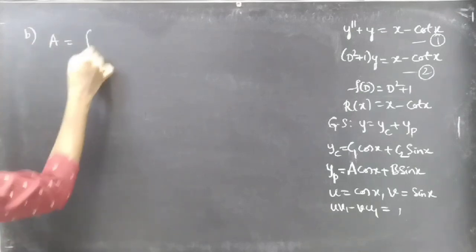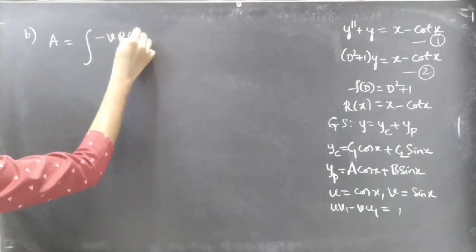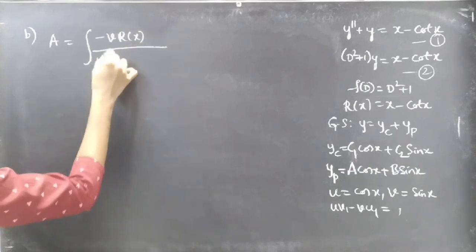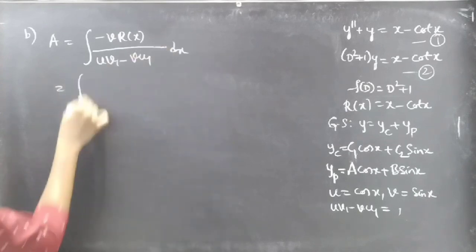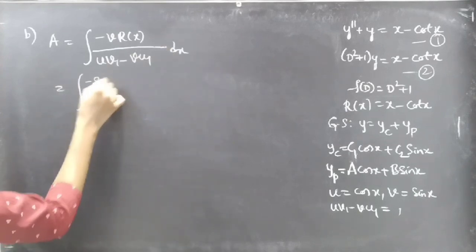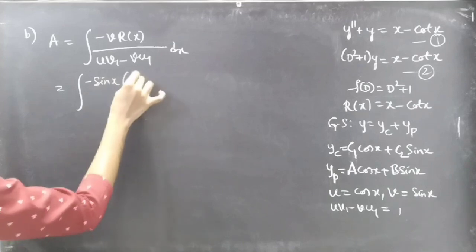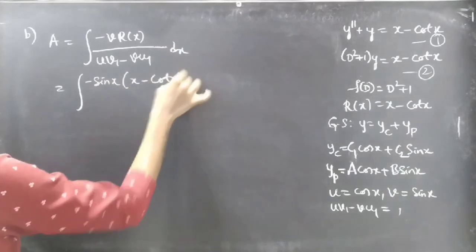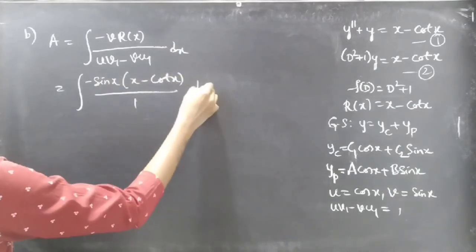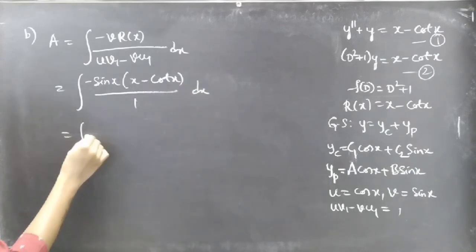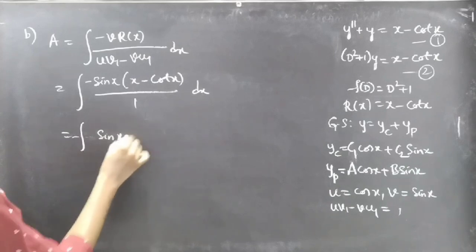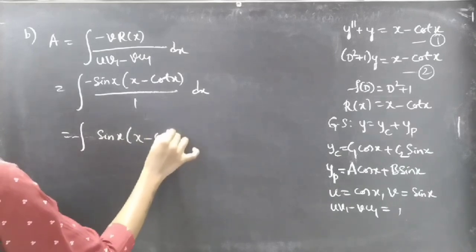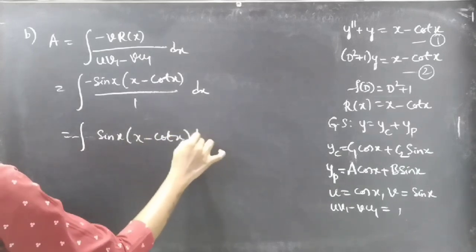A is given by the integral of minus v into r of x by uv1 minus vu1. This equals the integral of minus sin x into r of x, which is x minus cot x by uv1 minus vu1, into dx. This equals minus the integral of sin x into x minus cot x dx.